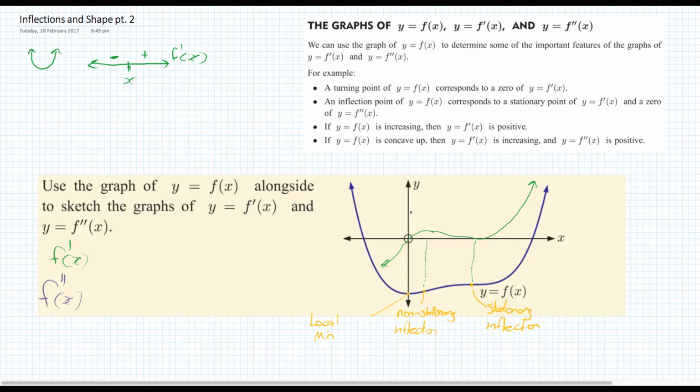So our slope, or if we think of it like this, if our derivative's slope is increasing, then our second derivative must be greater than 0, and vice versa.